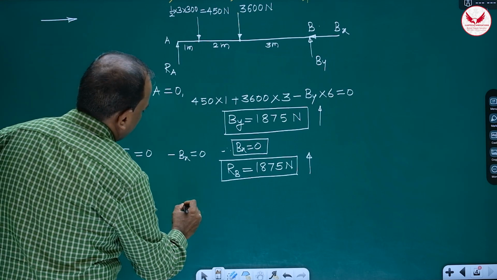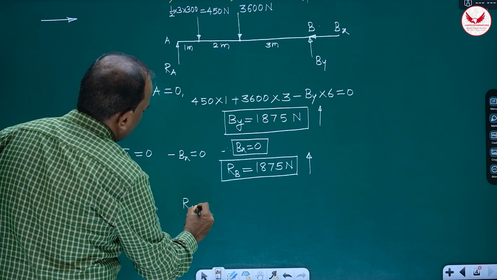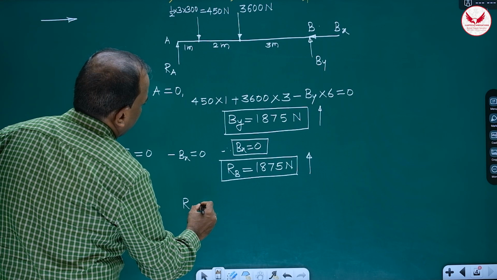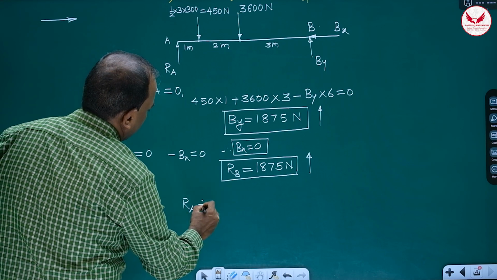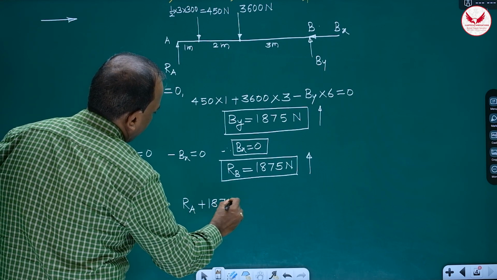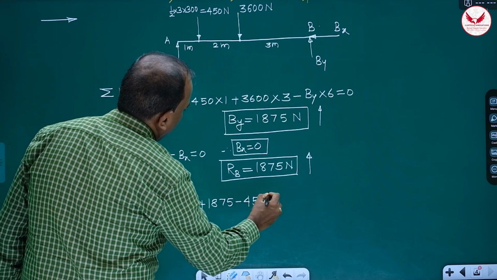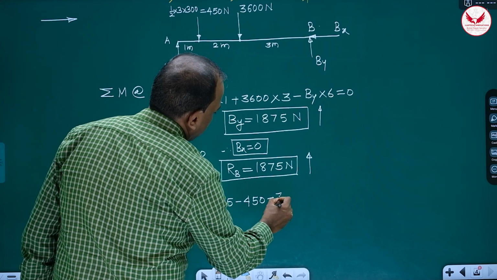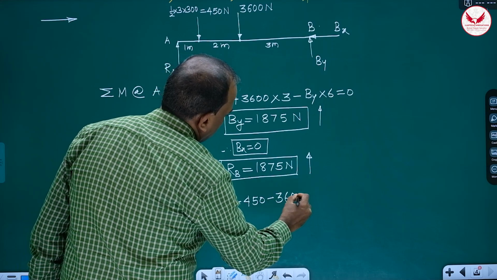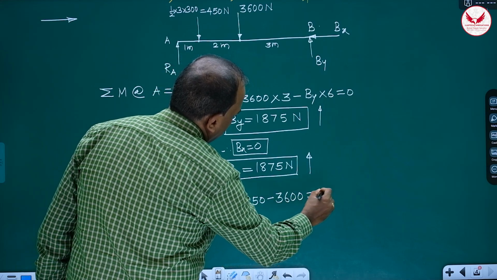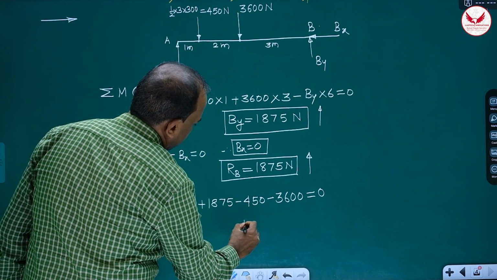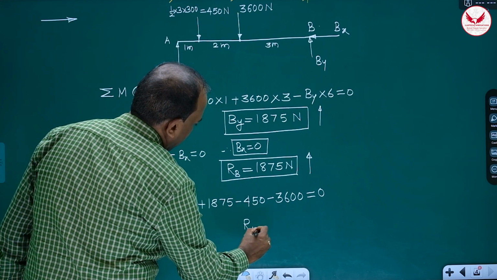Then if we use summation Fy is equal to 0, it is what? Ra, which we have to calculate. Ra plus Rb, you can write, 1875 minus 450 minus 3600, it is equal to 0. And from this, we will get the value of Ra.